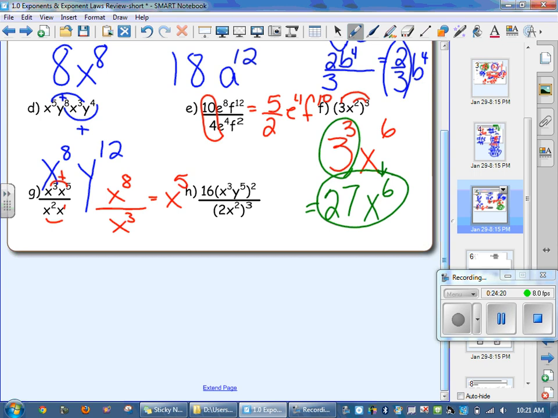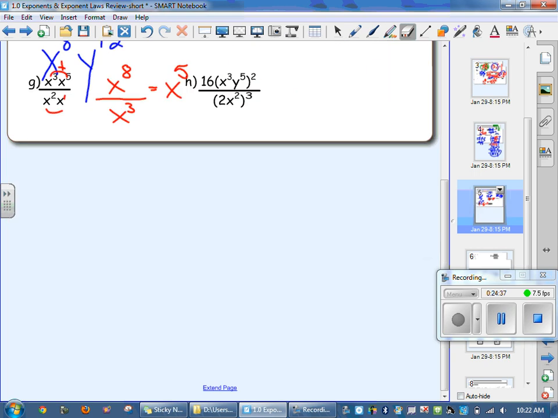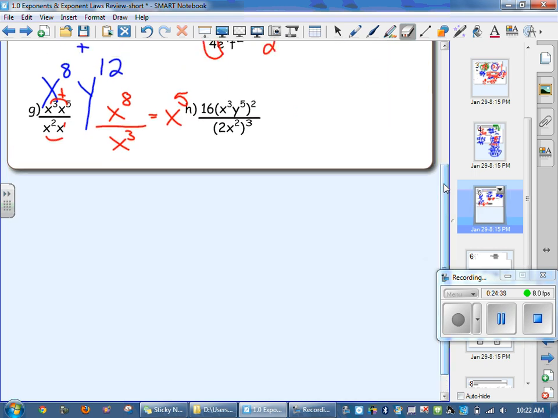Okay, we're going to take a look at letter H. Letter H, we're going to simplify the bracket first because I have exponents outside the bracket, so they need to multiply inside the bracket. The bottom one, your coefficient with 2 has a hidden 1, don't forget that. So your 3 multiplies into your bracket as well.